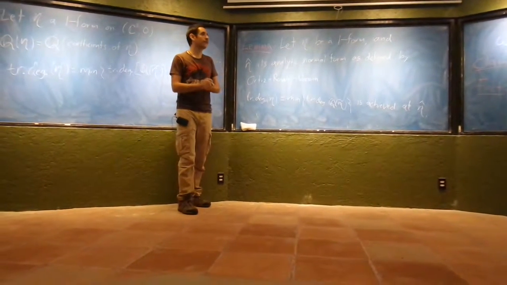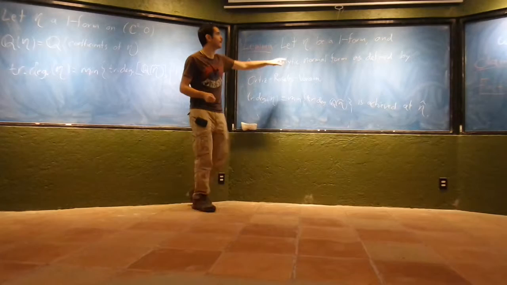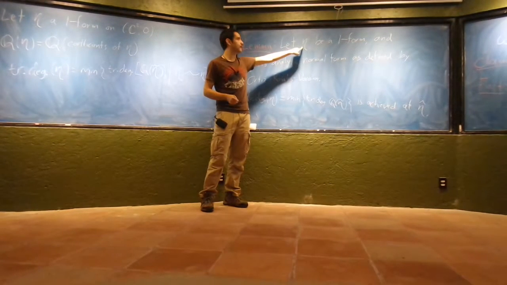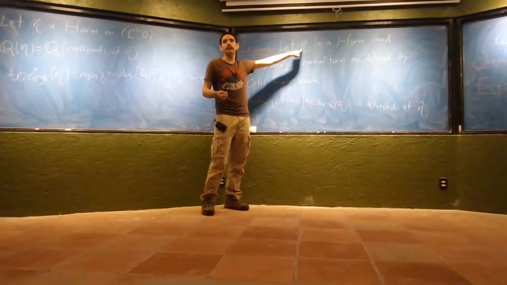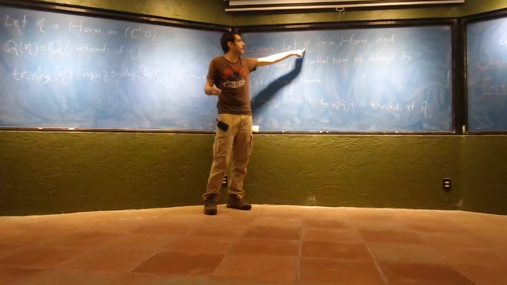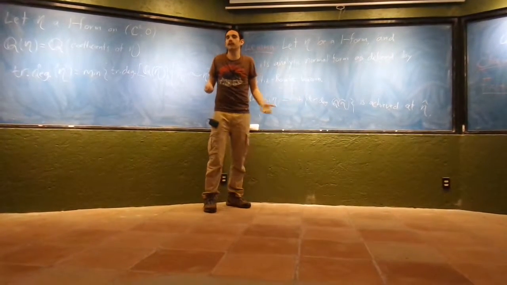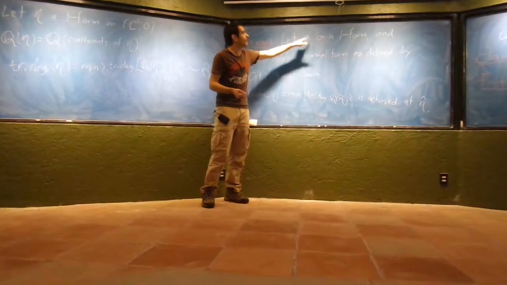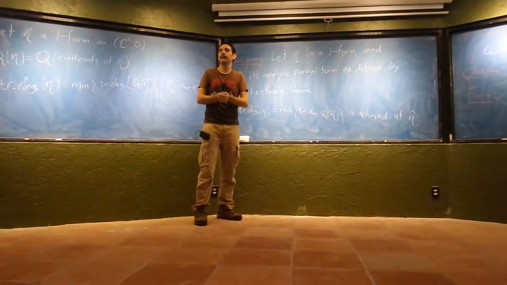So these linear equations are defined over the field of coefficients of eta. And then if you solve a linear equation here, the solution is also going to be in the same field. So they never leave the field where the coefficients of eta live.